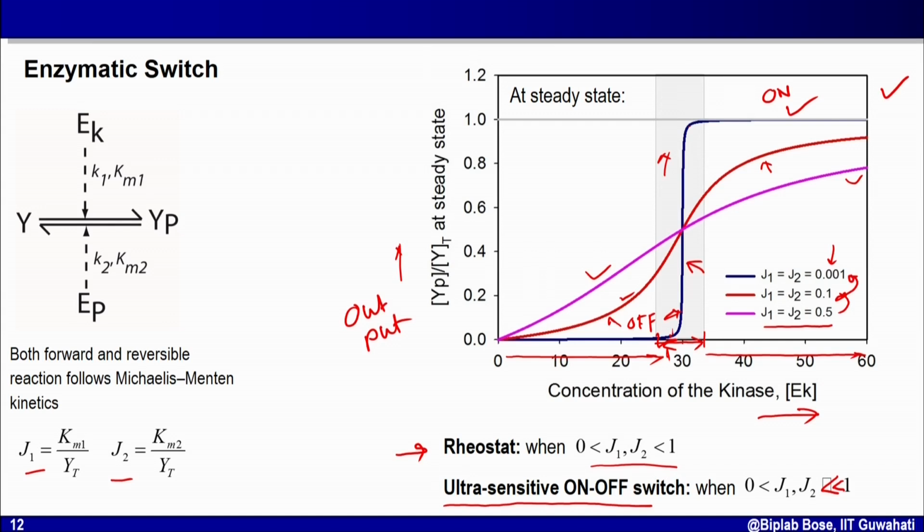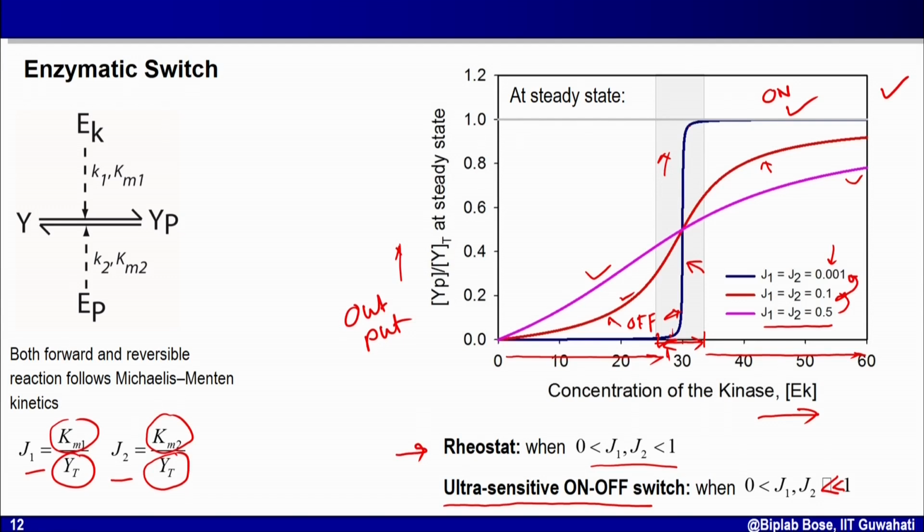Before we close, let us look into what J1 and J2 are once again. J1 and J2 are nothing but the ratio of Michaelis-Menten constant and total substrate. So when the total substrate concentration is very high with respect to Michaelis-Menten constants, then I will have J1, J2 very small with respect to 1, and I will have this on-off switch.